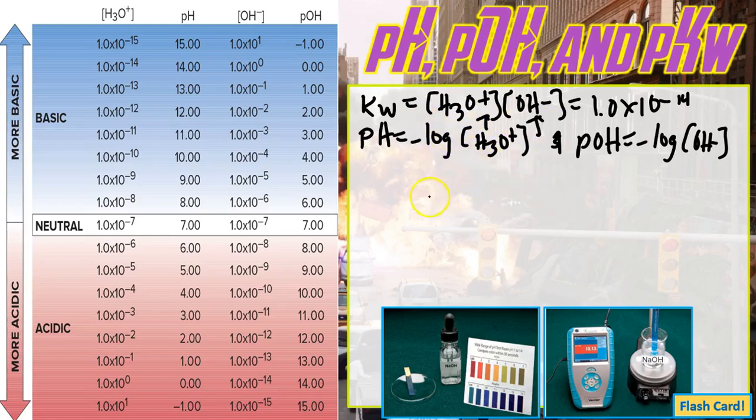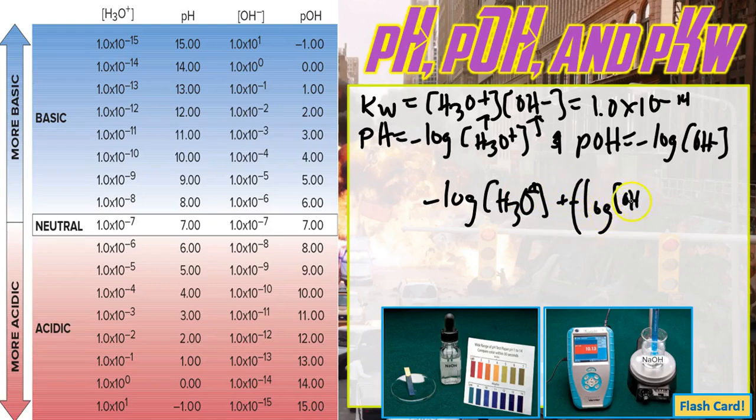So we can have this here as negative log of H3O plus, and then plus negative log of our OH minus here. All we need to do is use our P scale value for KW, for 1.0 times 10 to the negative 14. So that means I'm going to have negative log of 1.0 times 10 to the negative 14 here. And this is equal to negative log of KW.